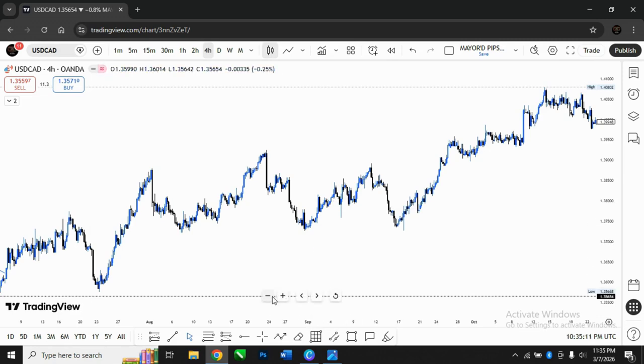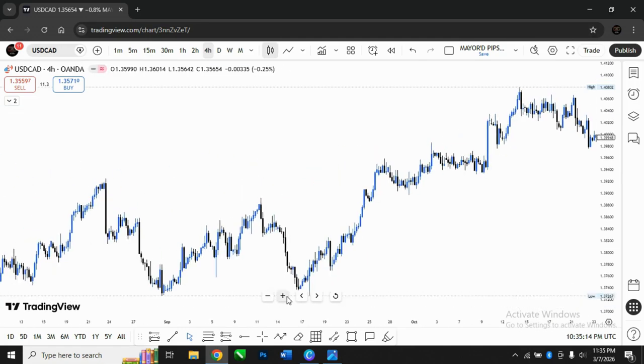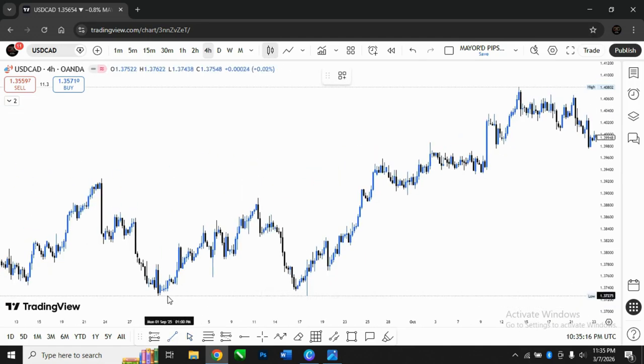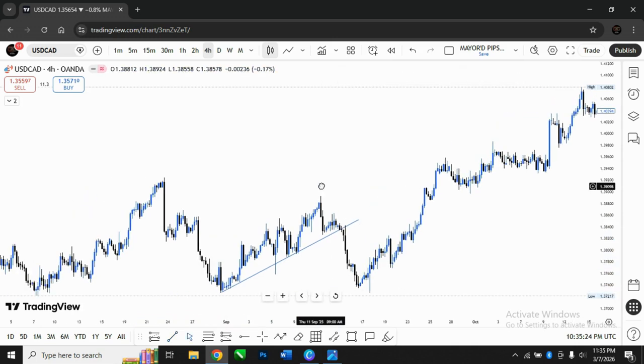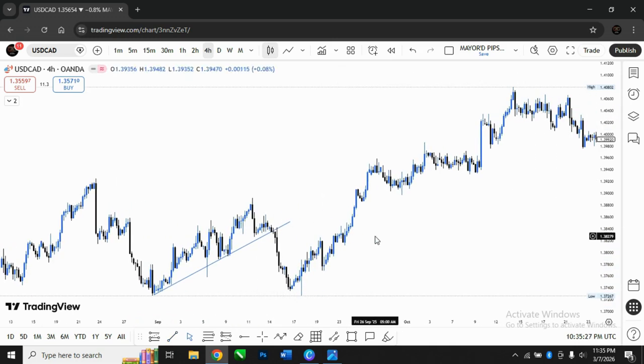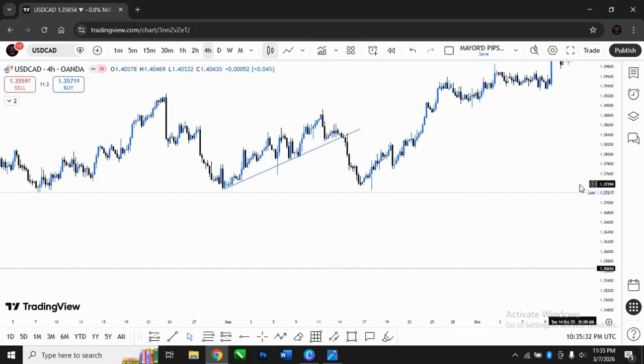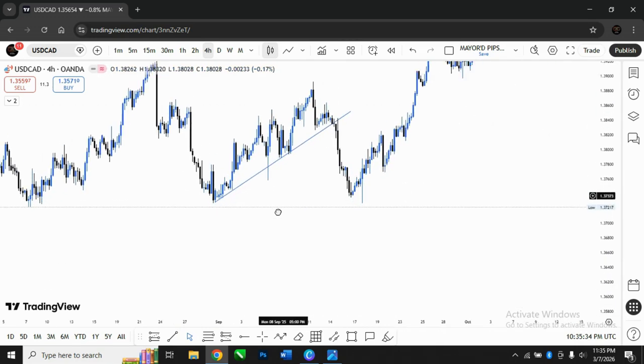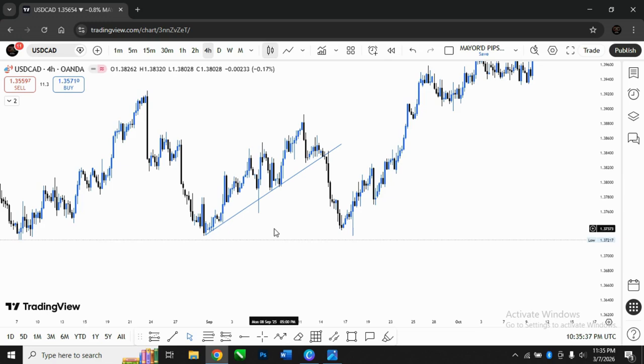All right, we can use this area. This is a support trend line.